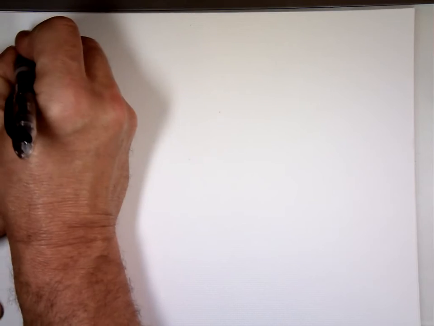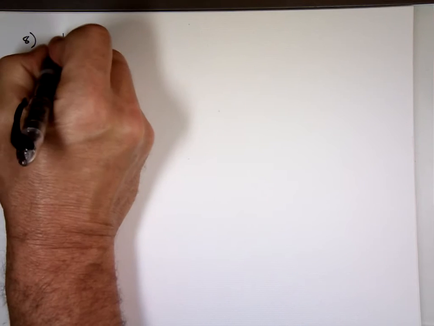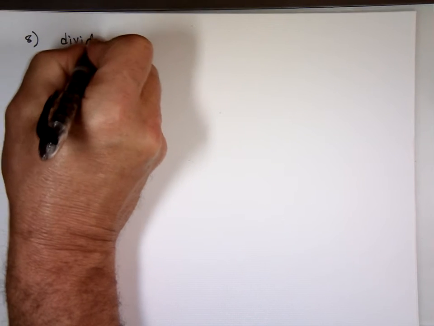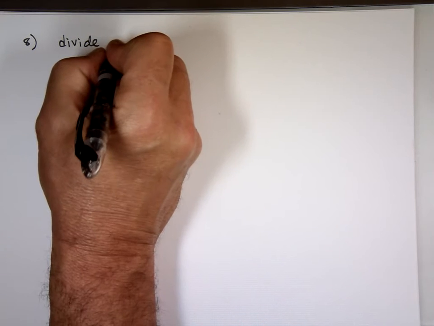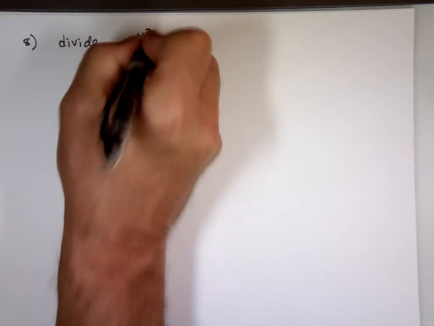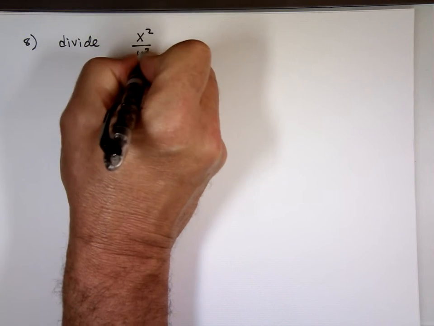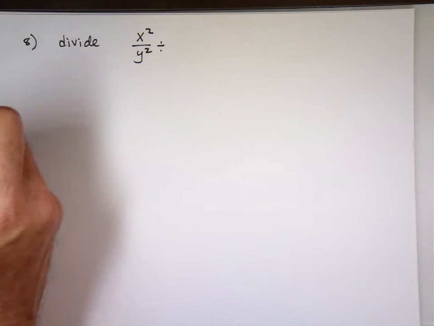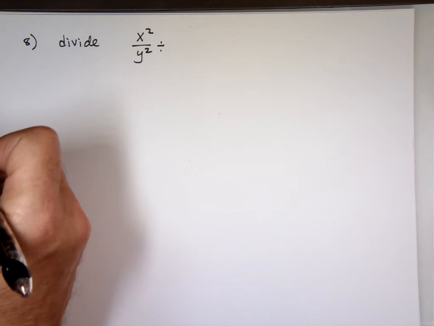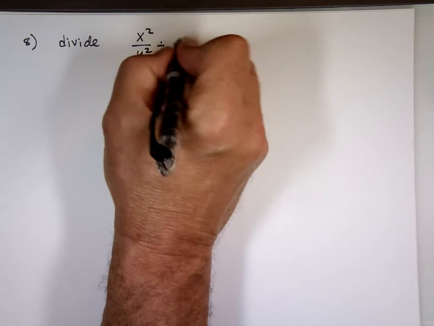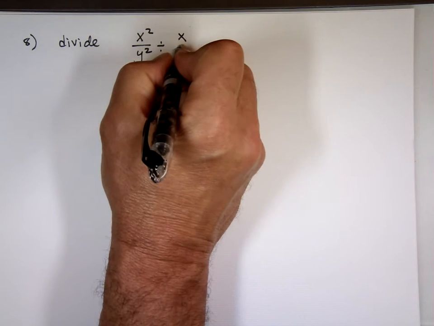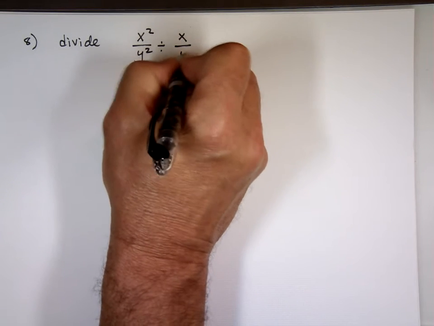I forgot track of which question. I think it is 8 now. Divide x squared over y squared divided by x over y squared.